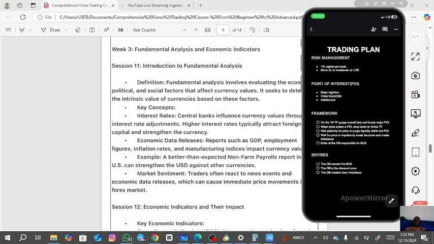Then the POI, the point of interest, which I'm looking for on the chart. This is just an old trading plan, so I'm looking at major highs and lows, order blocks, and imbalance. Then the framework: on the 1 hour time frame, gauge overall bias and locate major POI.